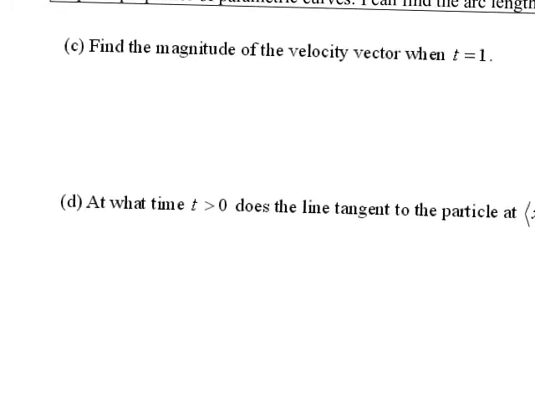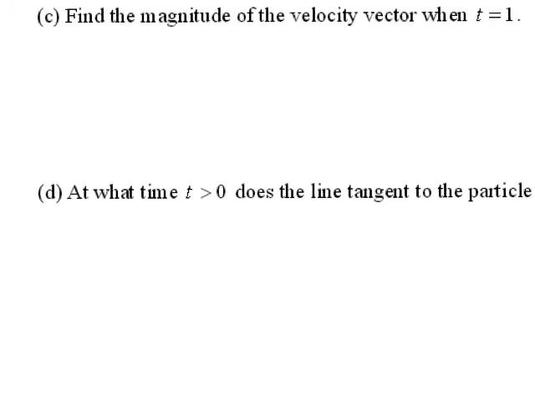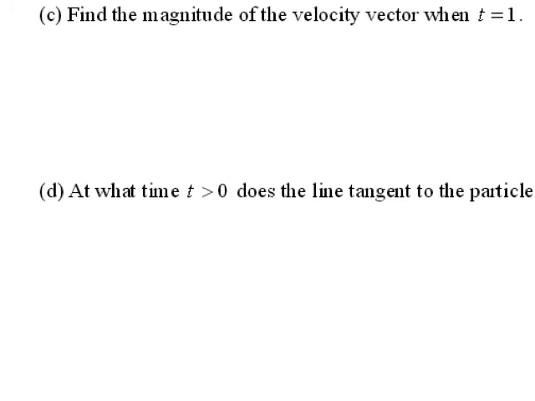Alright, wrapping this up on parts C and D. Find the magnitude of the velocity vector. We know the magnitude of the velocity vector is the same thing as speed, which is the square root of dx dt squared plus dy dt squared.